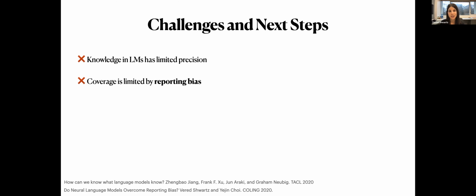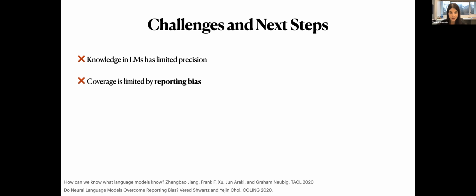But it's not true, because people tend to speak more about the exceptional than they speak about the obvious. It's related to what I mentioned earlier, that we never actually provide all the information when we tell stories, because we assume there's some knowledge. So any kind of common sense inference that is very trivial to everyone will not be discussed very often in text, as opposed to things that are exceptional.